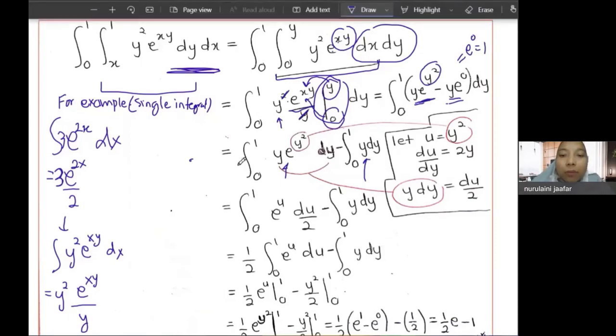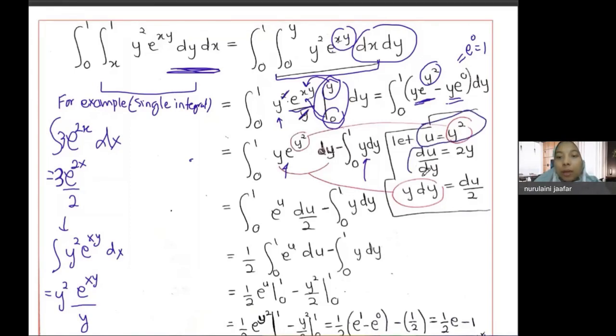Now you want to solve y e to y squared and then y dy. If you want to integrate this one, we can use substitution. Okay, you let u equal to y squared and then du/dy equal to 2y. So, you want to replace y dy, right? So, y dy is equal to du over 2.